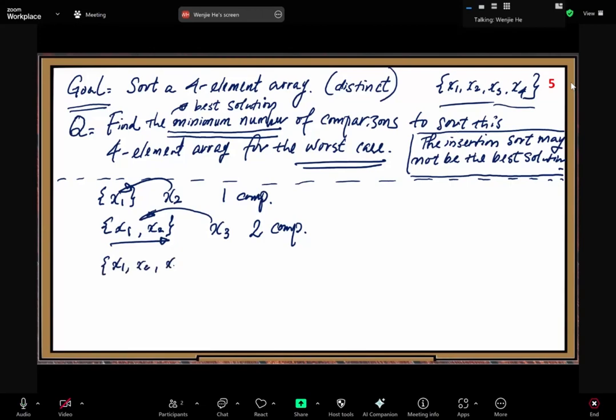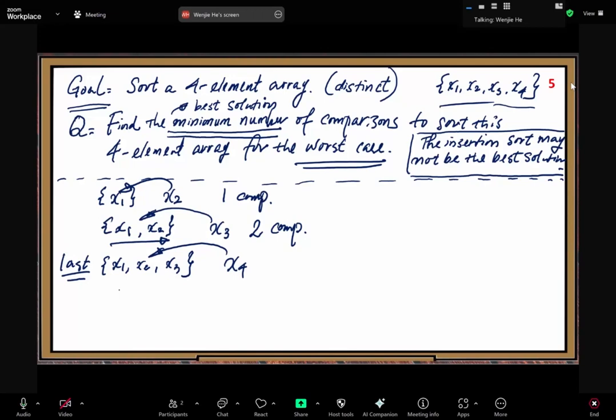Then the last step, we want to insert the last element into this ordered array. If we still follow the standard insertion step, then we just repeat the insertion sort. So we may not get the best solution, right?